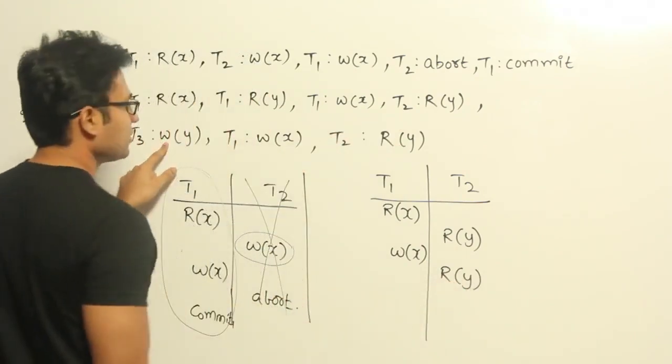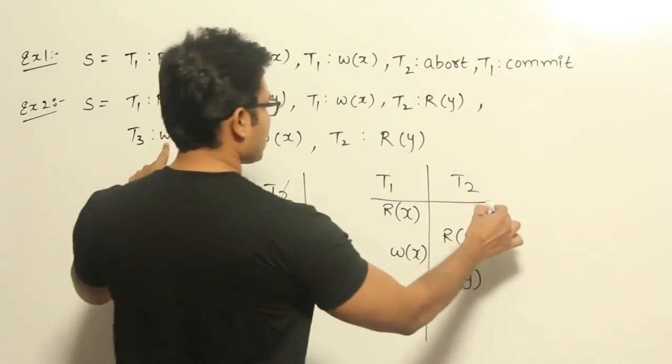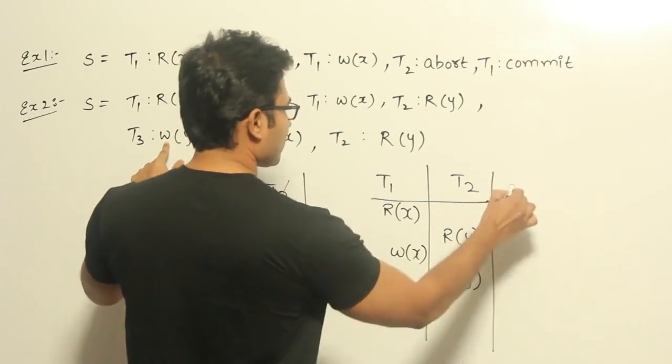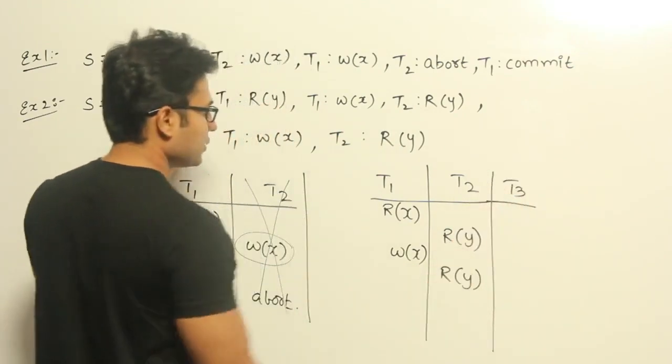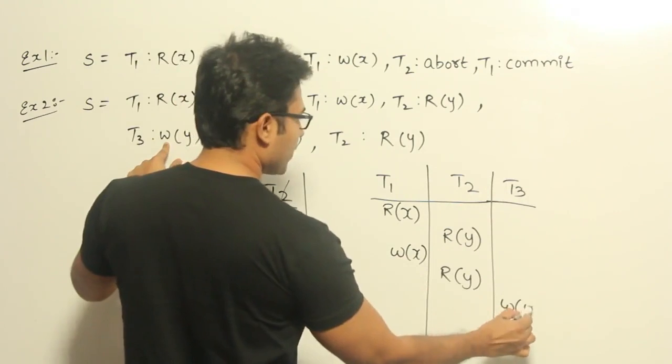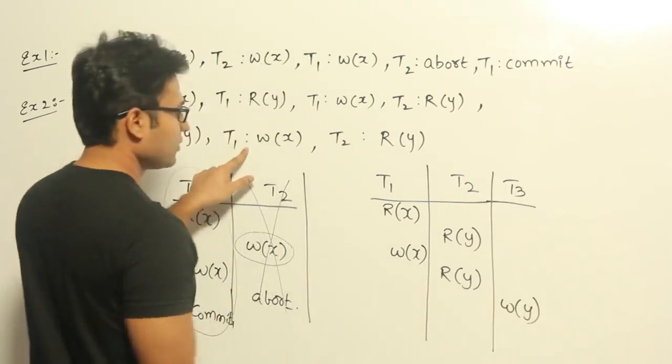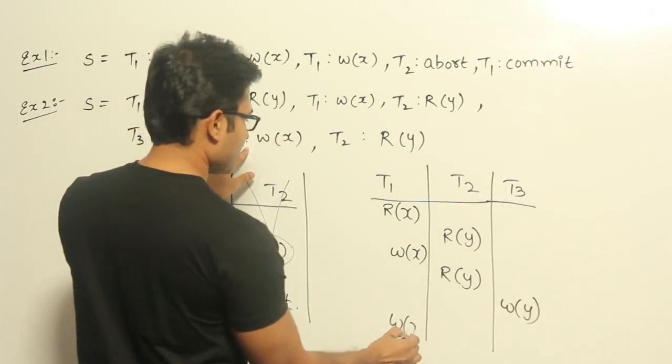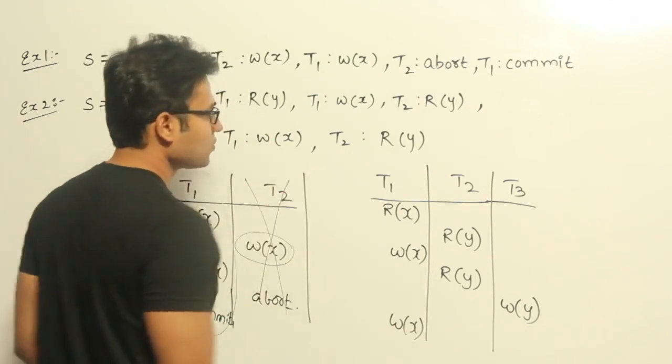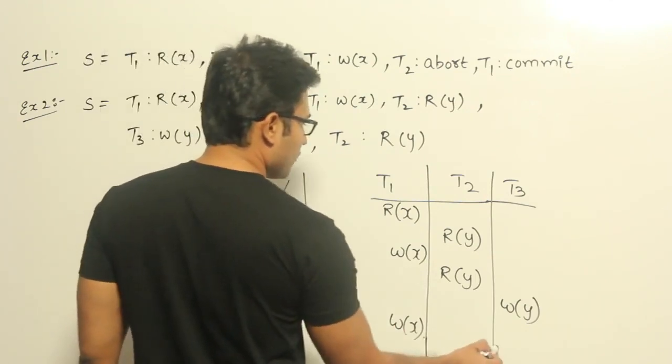There is one more transaction, T3. In transaction T3 there is write on y, and in transaction T1 there is write on x, and in transaction T2 there is read on y.